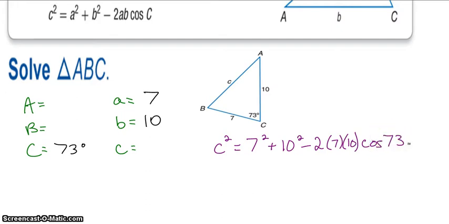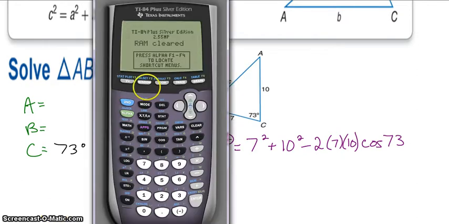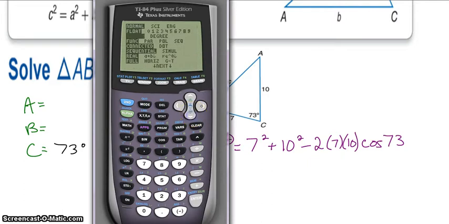For this version, all I have to do is type it into my calculator and just make sure I take the square root. So I make sure my calculator is in degrees, and I can type straight in.